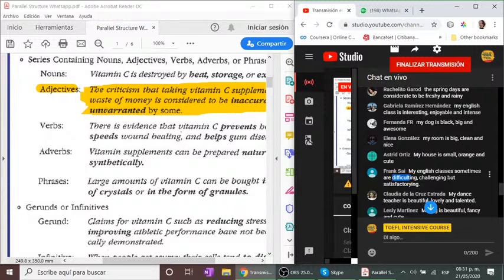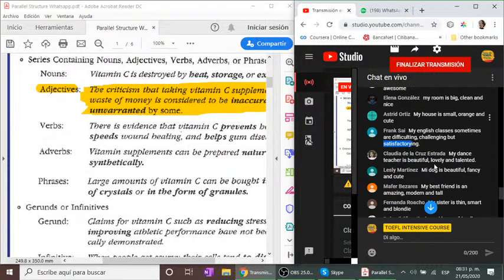You can say a challenge. And satisfactory, not ing. You have to take away the gerunds. The ings are not here. We're doing adjectives. Okay? And remember that English is always with mayúsculas, Frank. Yes, capital E.